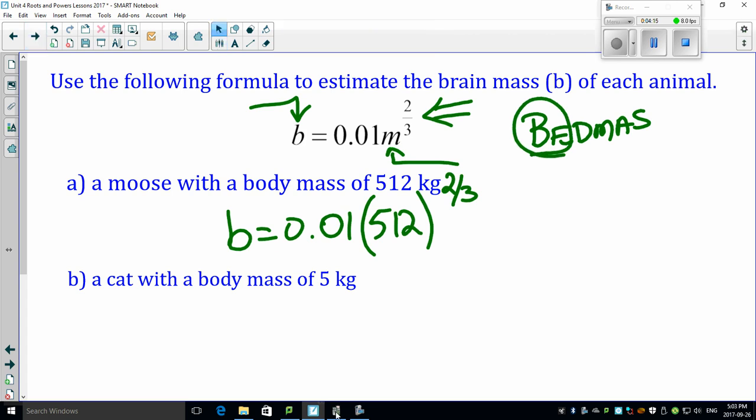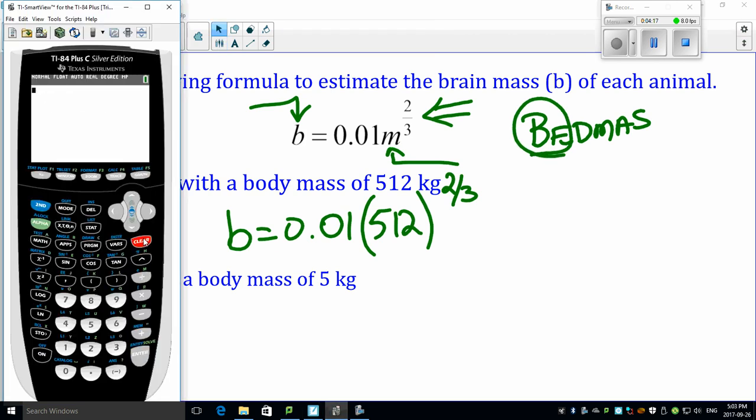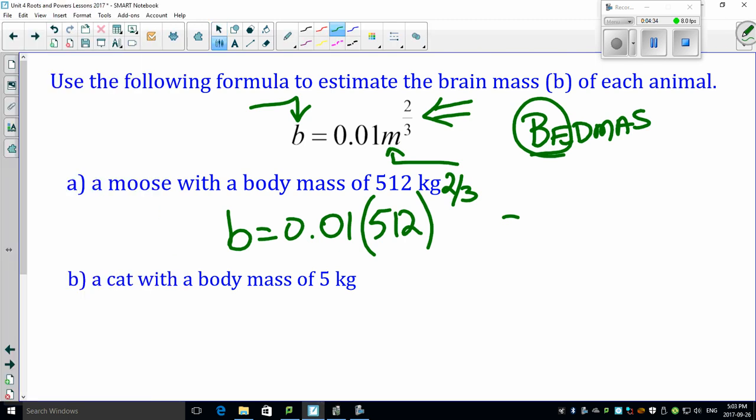So bringing up your calculator, hitting clear, there's your 512. It has to be to an exponent first, which is 2 divided by 3. There's your exponent, giving you that wonderful number, and then you multiply this by your 0.01, and you find out that the moose's brain mass works out to be 0.64, and it would be kilograms. There you go. That's how you do a practical application.